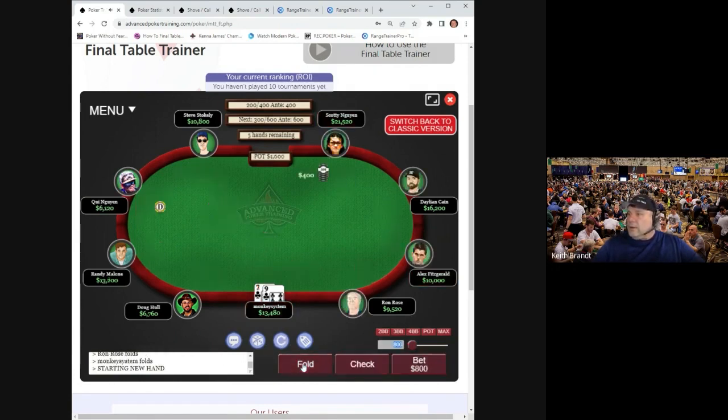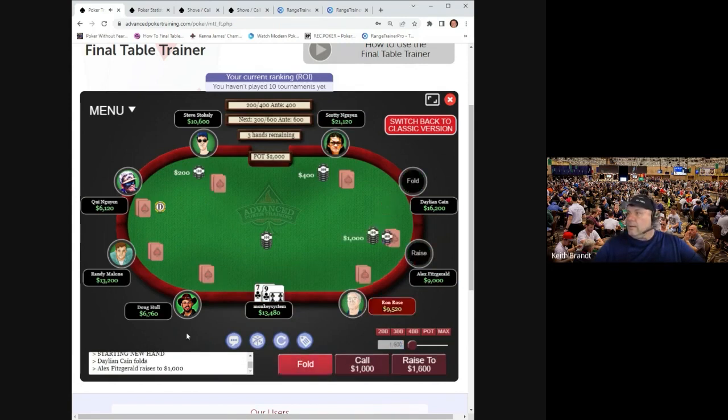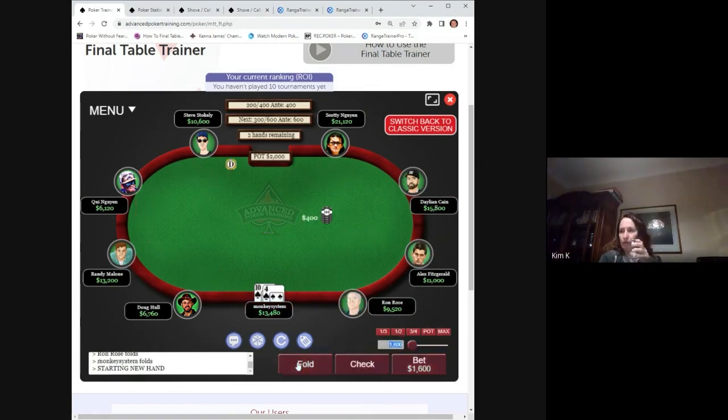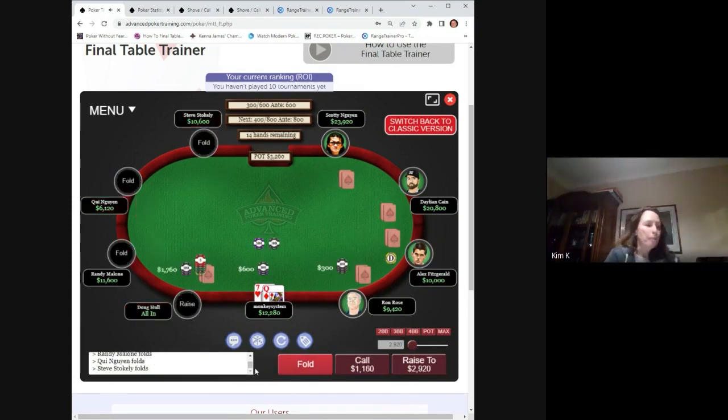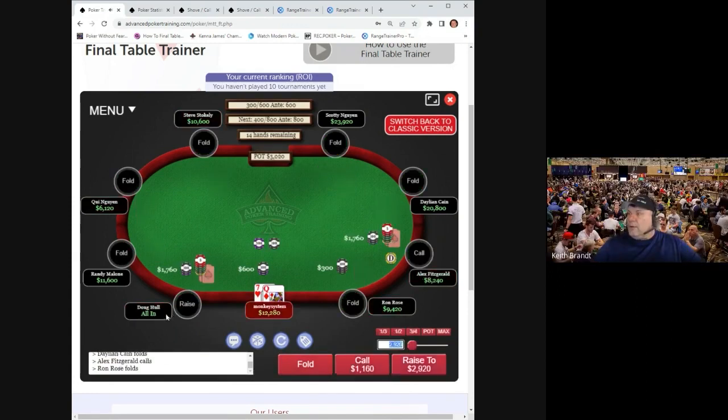Trivial fold. This is a fold, right? Yep. Doug Hall just went all in for 3 big blinds. Alexander Fitzgerald called.